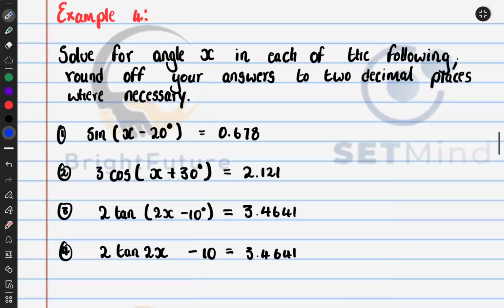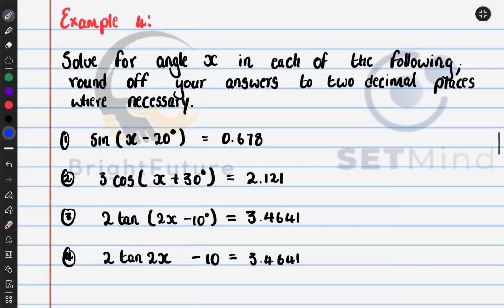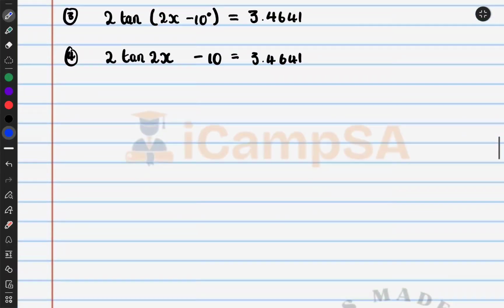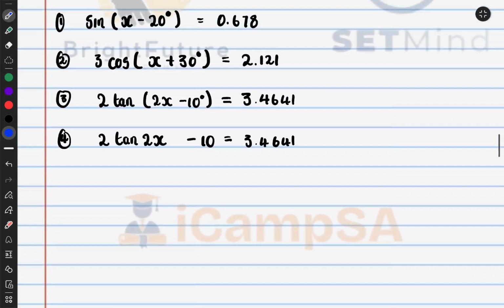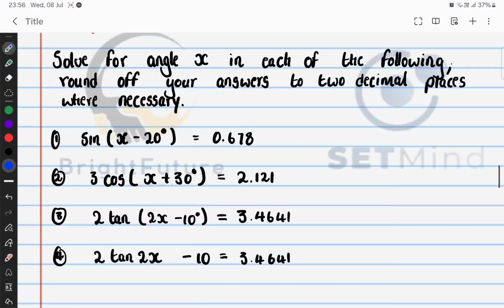Next. Okay, so it's another example. So example number 4, solve for angle x in each of the following and round off your answers to 2 decimal places where necessary. Okay, before we get there, let me add a page.